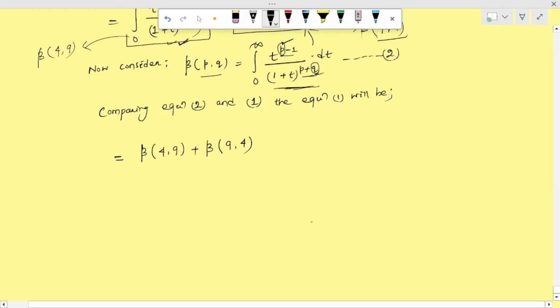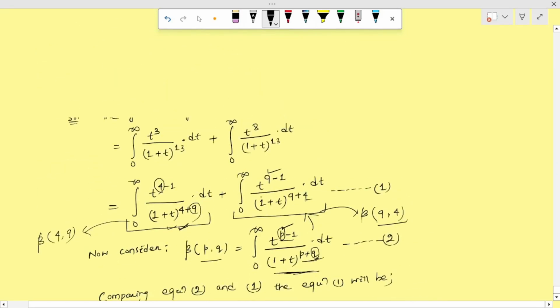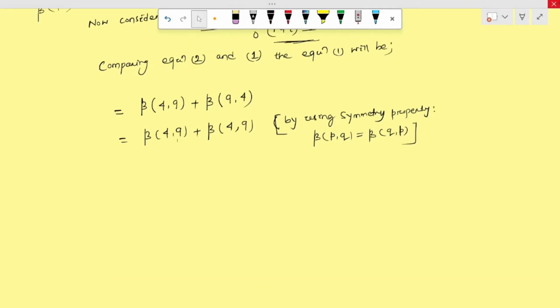Beta 9 4 can also be written as beta 4 9 by using the symmetry property. The symmetry property is beta pq equal to beta qp. So beta 9 4 equals beta 4 9. Here beta 4 9 plus beta 4 9 will be 2 beta 4 9.